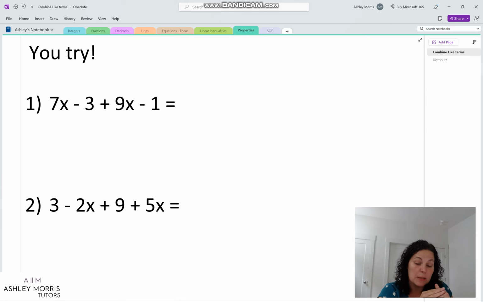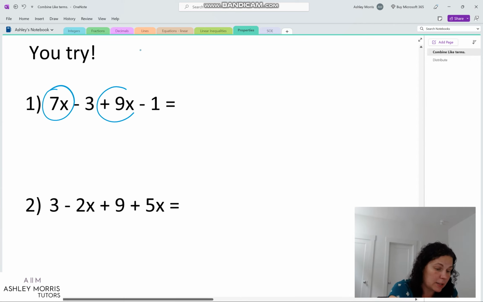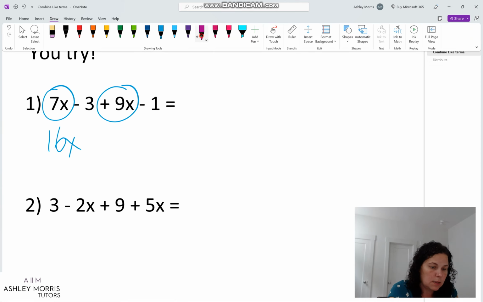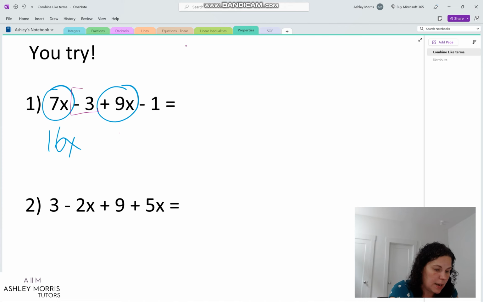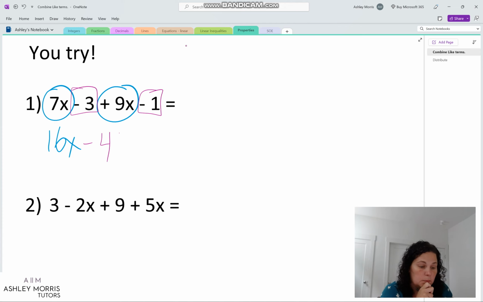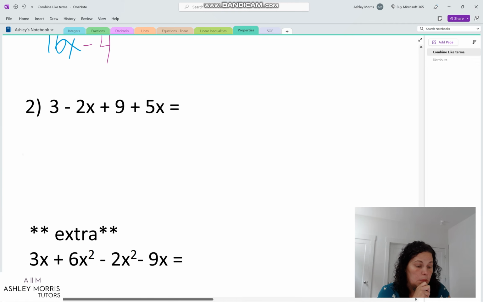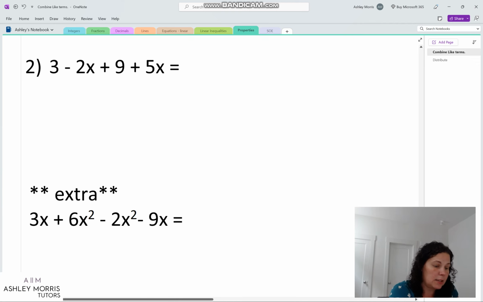Alrighty, so we are simplifying, we are combining like terms. So we're going to do 7x plus 9x gives you 16x. And then negative 3 minus 1 gives me negative 4. Next, I'm going to do the x's first. It doesn't really matter, but most people like all the variables to come in the front.